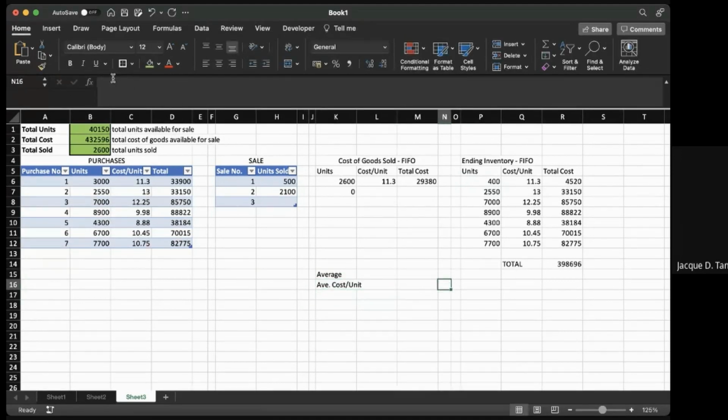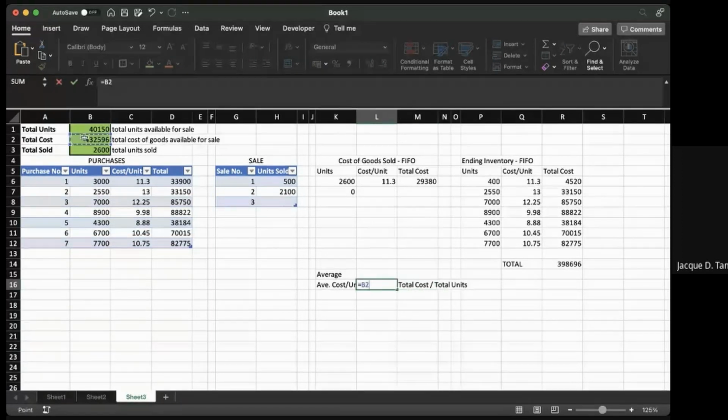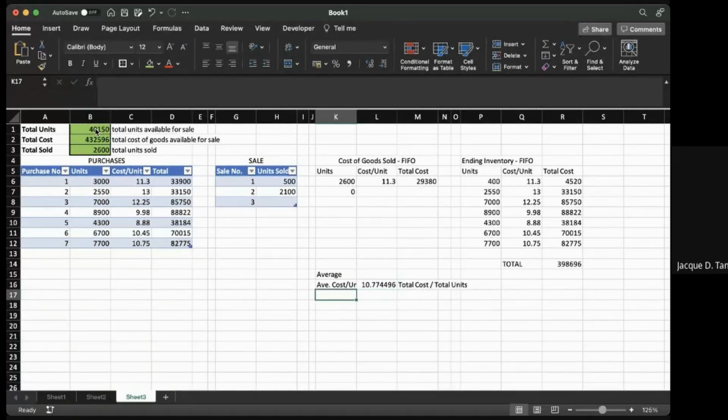To compute the average cost per unit, that is equal to your total cost divided by your total units. So how do we do that? We already have computed the total cost here based on our summary. We only need to divide that by your total units. So again, basic mathematical functions.